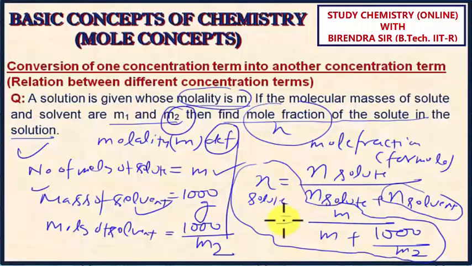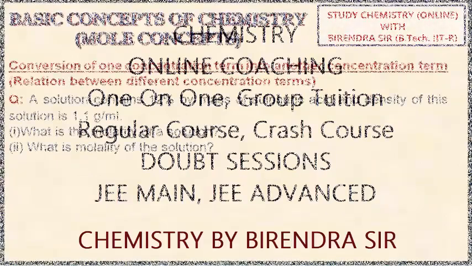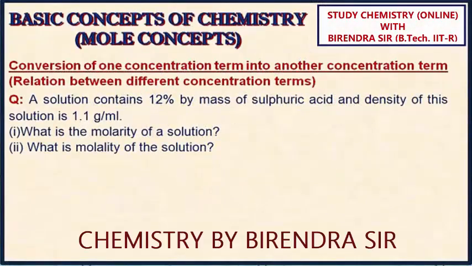Dear students, in the same manner, we can find the relation between all concentration terms. Now here I have taken a question which has numerical values. The question says a solution contains 12% by mass of sulfuric acid and the density of the solution is 1.1 gram per ml.